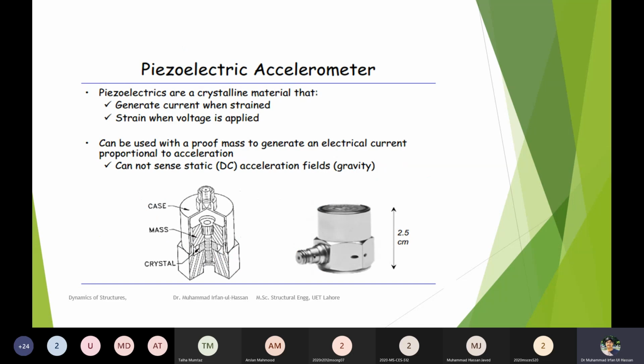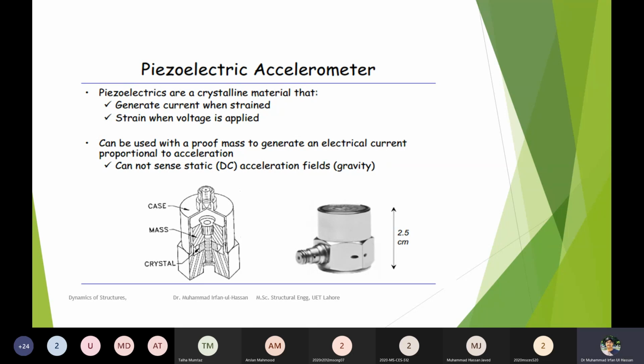Then there is the piezoelectric accelerometer. That is another type. These are crystalline materials, piezoelectric, which generate current when strained, and strain when voltage is applied. When the voltage is applied, the strain is developed and can be used with the proof mass to generate an electric current proportional to the acceleration.